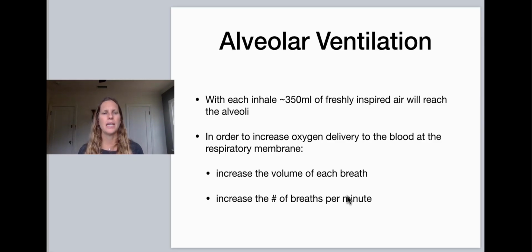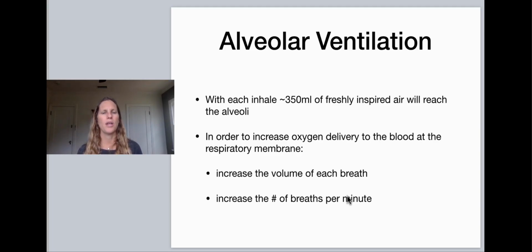So if we need to increase oxygen delivery to the blood, we need to get more oxygen delivery to the blood at the respiratory membrane, right? If that's our goal, to get more oxygen into our blood. Our options are to either take bigger breaths, increase the volume per breath, or change the number of breaths per minute.